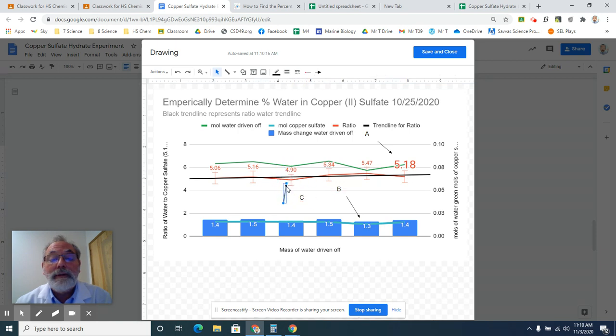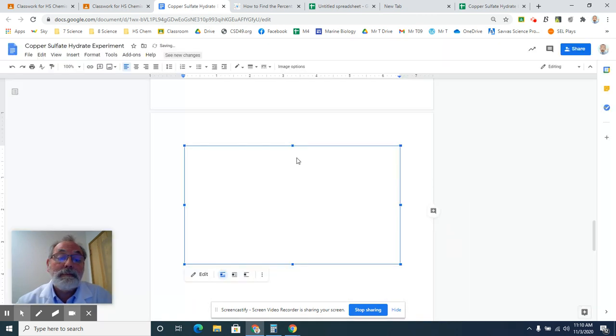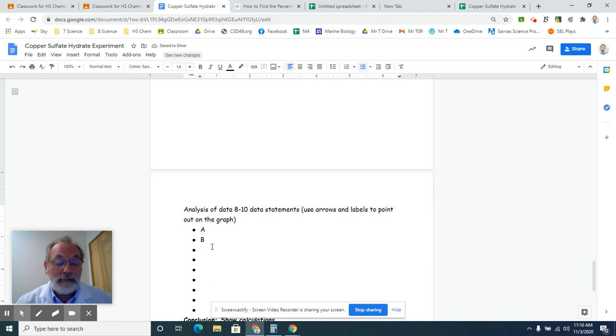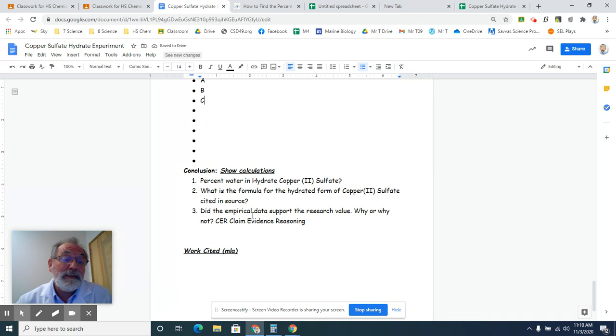And flip this around to the other edge. And point down like that. Now, I'd save that. A, B, and C. Write down what those are there. And that's pretty much it for your graph.